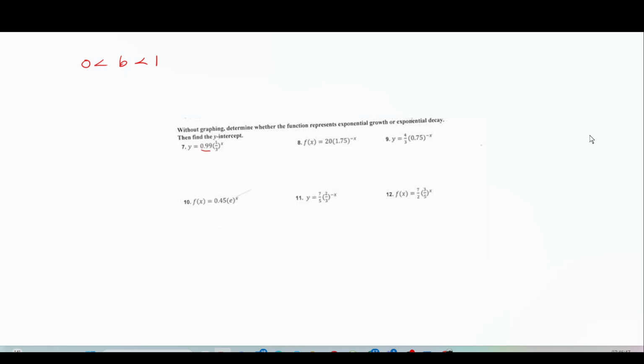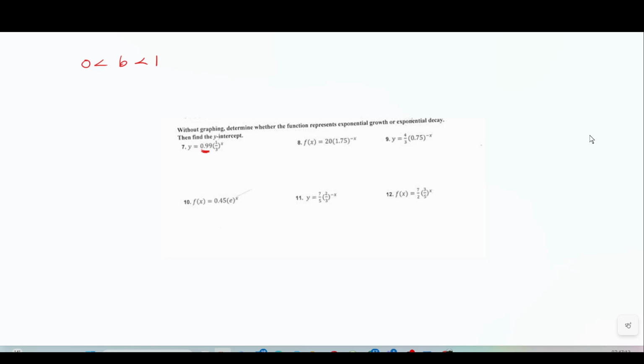Okay, because 0.99 is less than 1, so this is decay. But one minute, there is times 3, right? No, 1/3. Oh, 1/3. Okay, 0.99. Yeah, so it is still decay, because the base is less than 1.